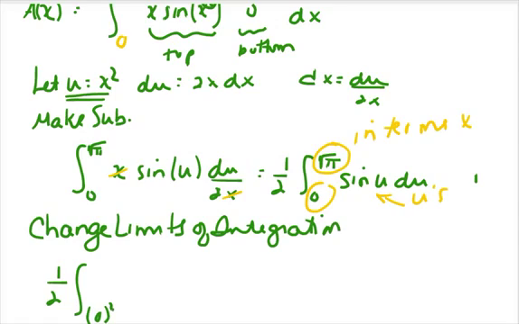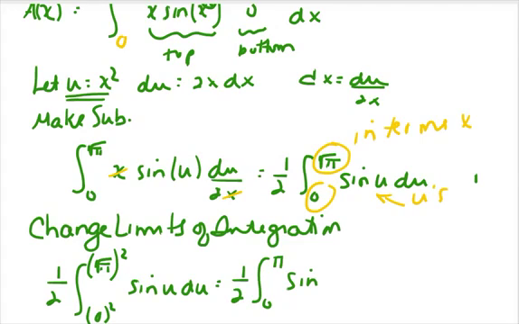So it's 0 squared to the square root of pi squared, sine of u du. Now everything's in terms of u, so we can just go ahead and evaluate this. The square of a square root just cancels out, and everything is in terms of u. So we're good to go.